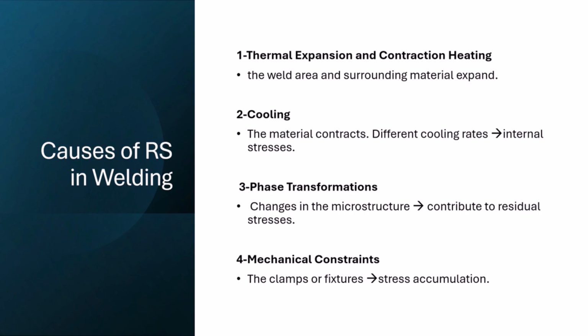And one of the most important ones is the mechanical constraint. The clamps, the fixtures, or everything else that holds the material steady and constrains the movement can cause residual stress after being removed.